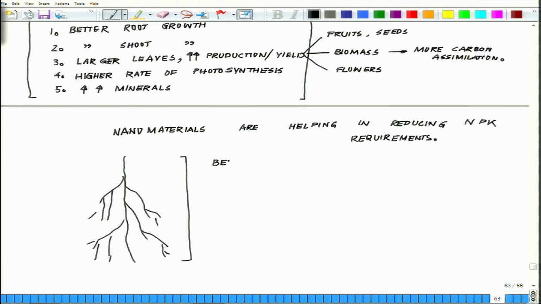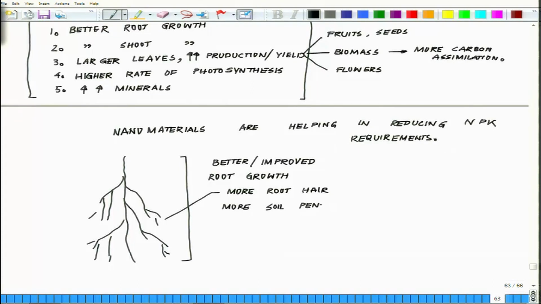Whenever we talk about better or improved, the right word will be improved root growth. So, we are essentially talking about more root hair, more soil penetration, more root spread.